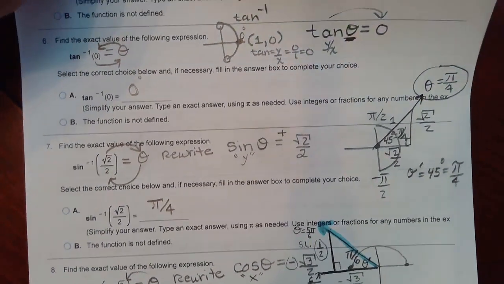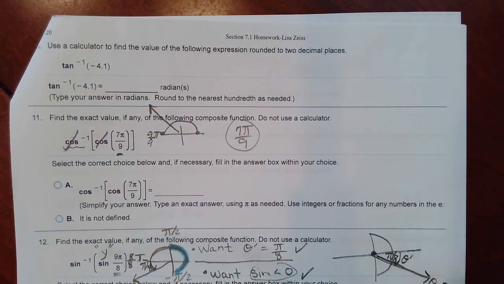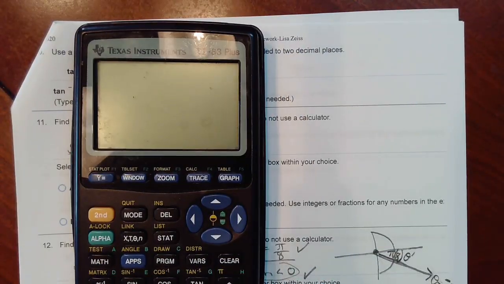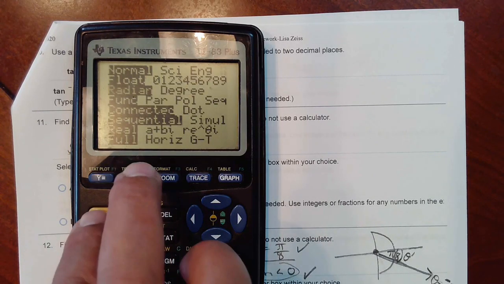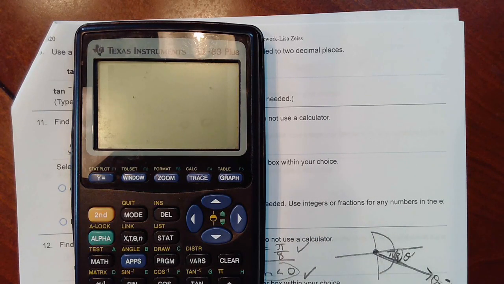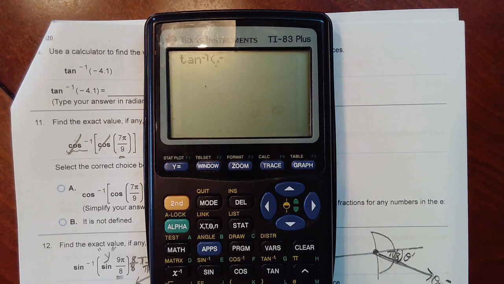Okay, I think I've done all the problems on that page. This one is a calculator problem. So inverse tan, they want it in radians. So make sure that your mode is in radians. So I can quit out of there and then go inverse tan, second, inverse tan, just press the tan key, press in the number that they've given you, which is negative 4.1.